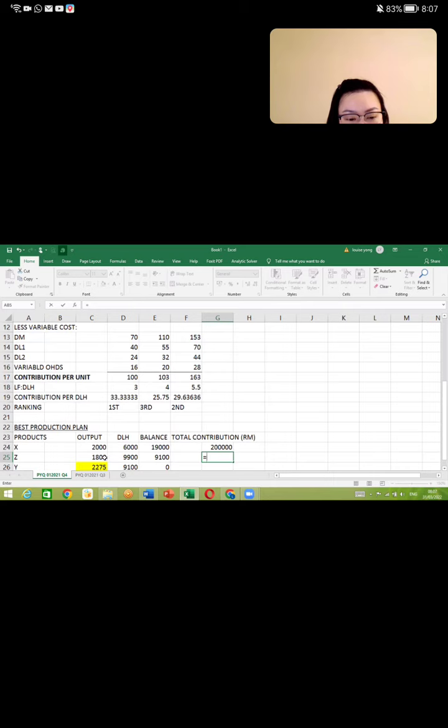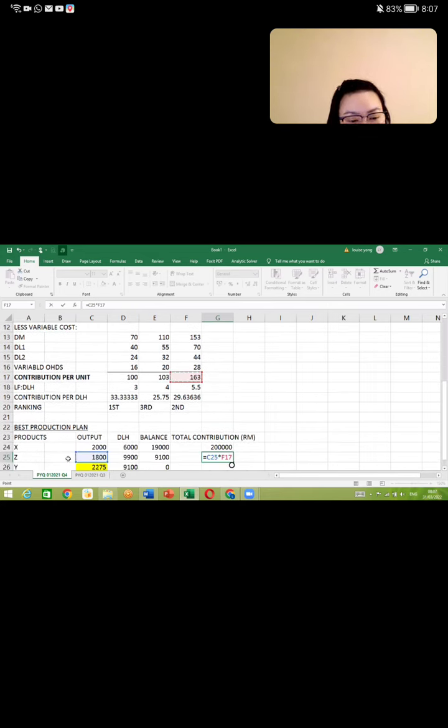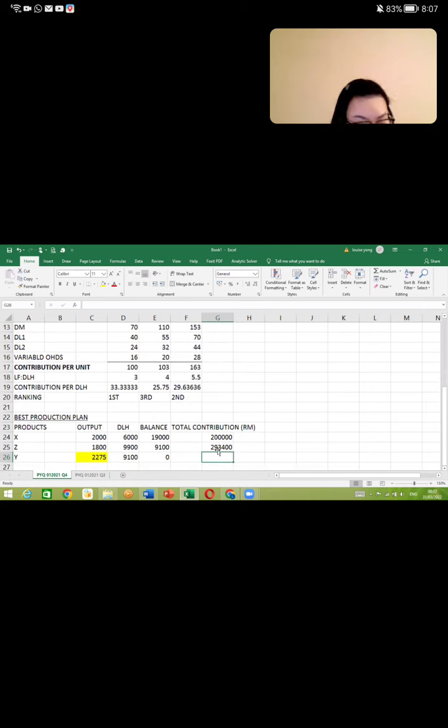Then for Z 1800, 你要乘 Z 的 contribution per unit，你不可以乘 Y 的。Product Z contribution is 163 per unit, so 293,400.